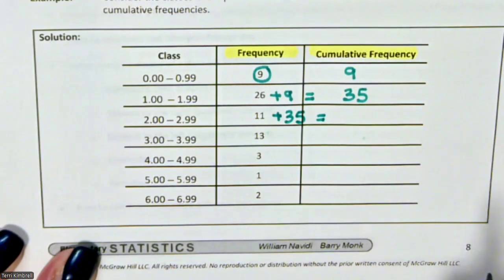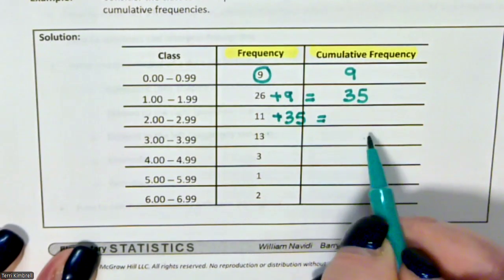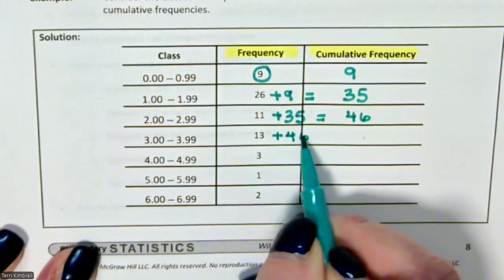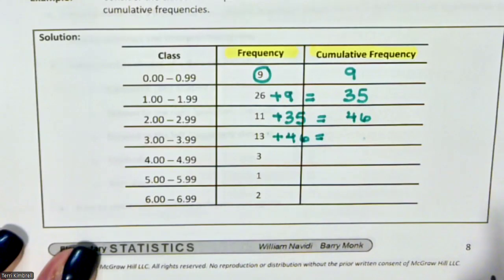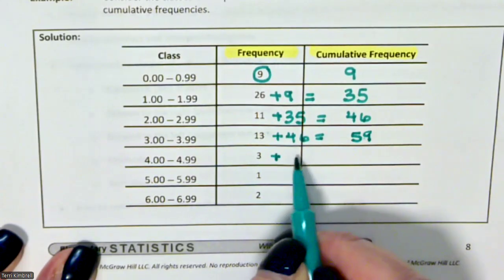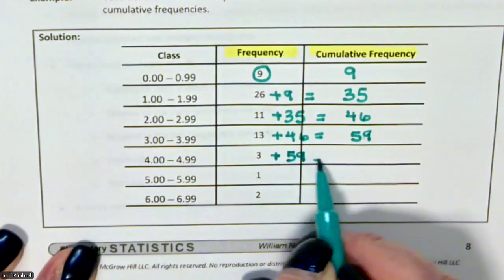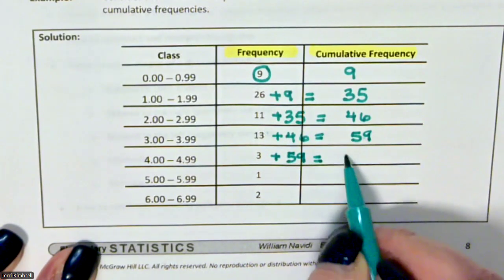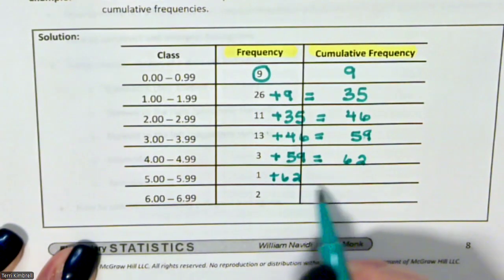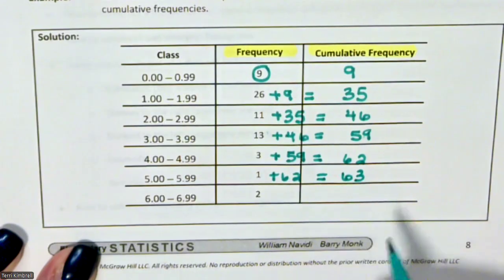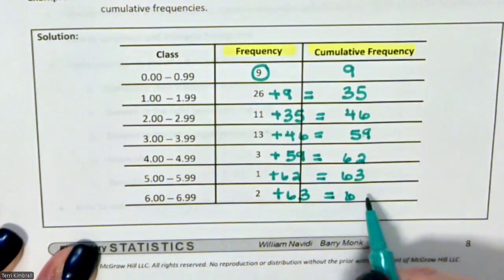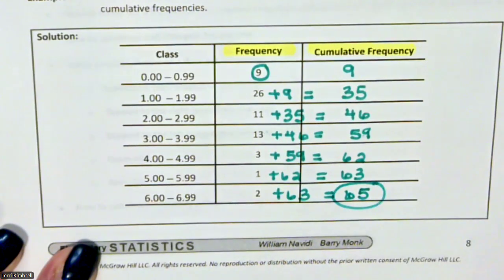So we're doing a total. That's going to be 46. Then you take the 13 and you add the 46 you already have. And that's going to be your 59. You take the 3 from that and you add the 59 total, which is 62. Then you have the 1 plus the 62, which is 63. And you have 2 plus 63, which gives you a total of 65.